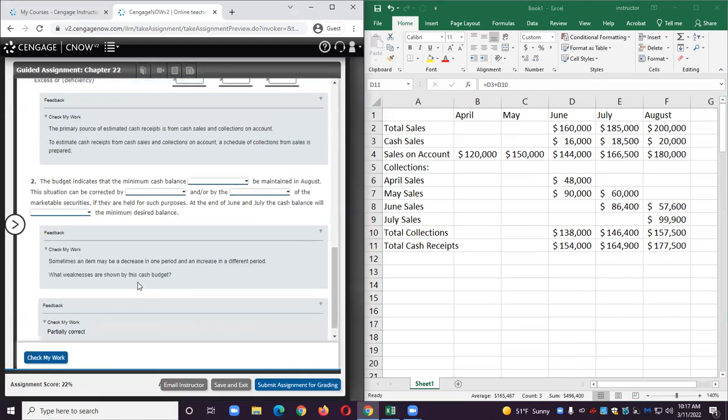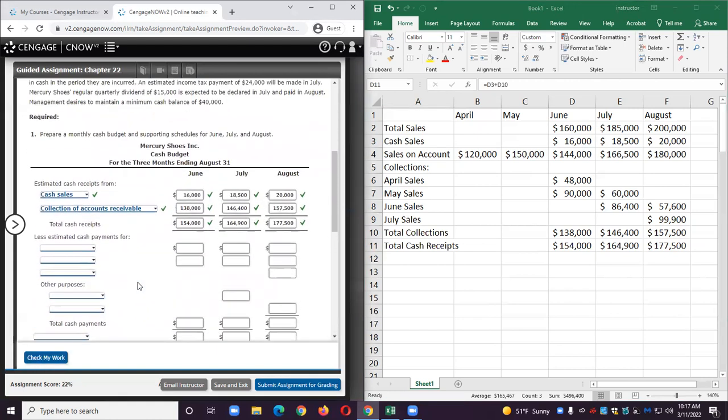I think I'll check my work at this point to make sure I'm not going dangerously off course. So I've got my total cash receipts for all 3 months.